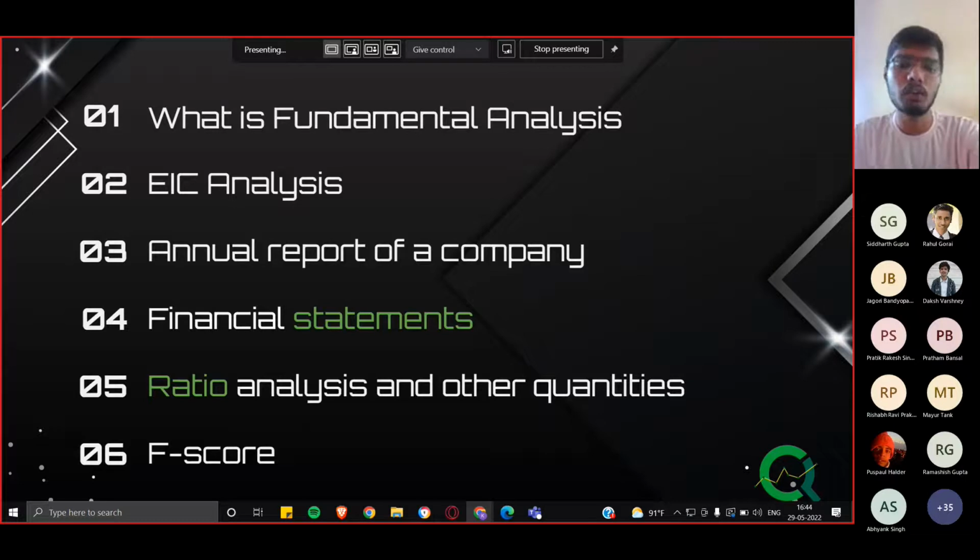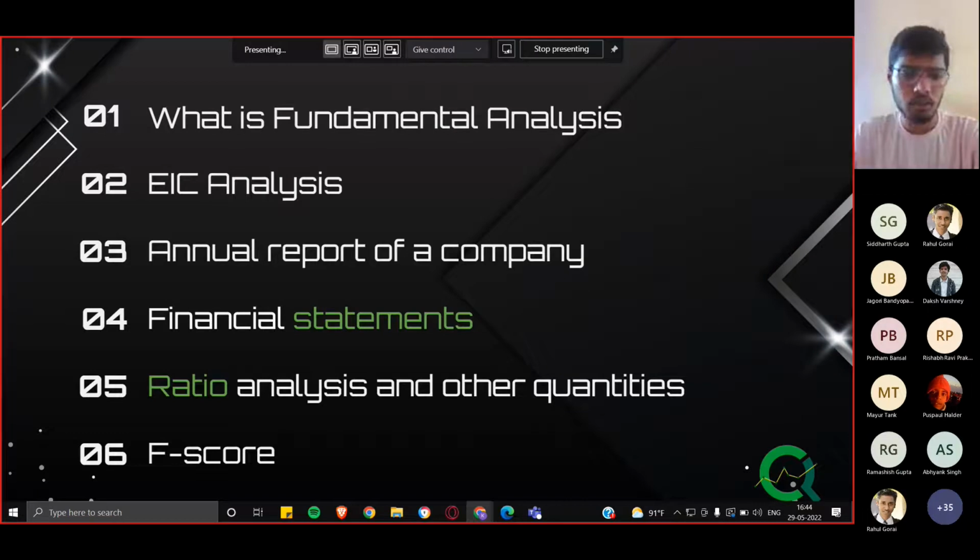Then we will talk about the financial statements, that is the balance sheet, the profit and loss statement and the cash flow statement. These contain the quantitative performance of the company throughout the year or throughout its age.